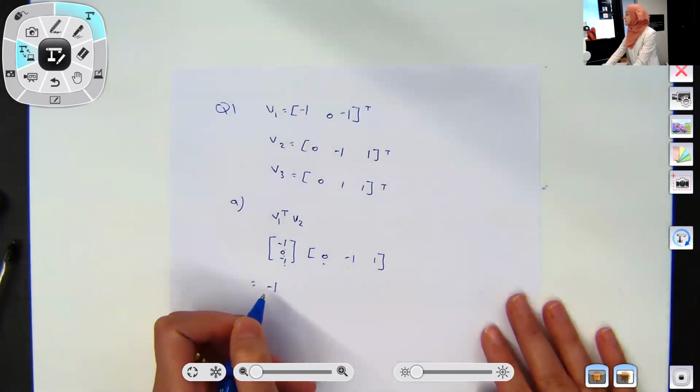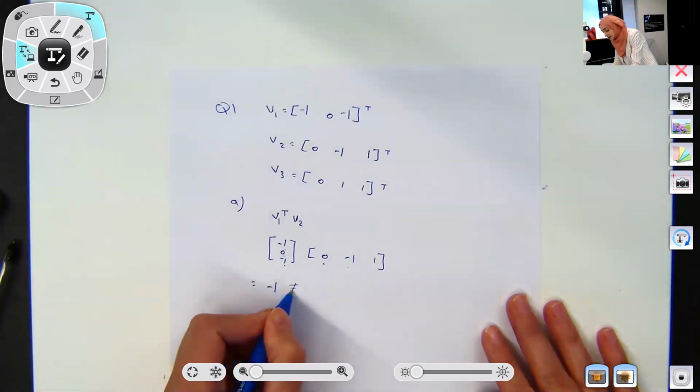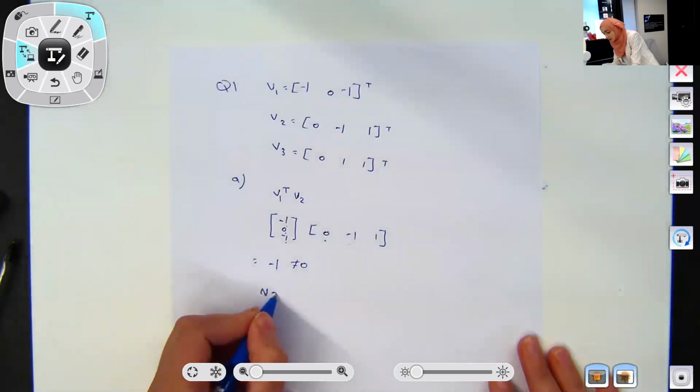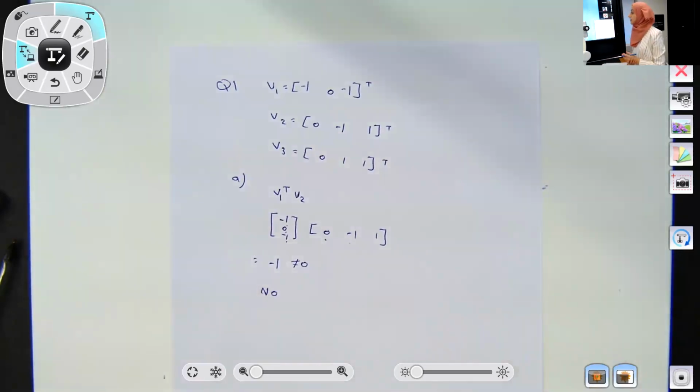Because the answer is not equal to 0, we can say that v1, v2, and v3 do not constitute an orthogonal matrix. So the answer is no. Why? Because the inner product between v1 transpose and v2 is -1, which is not equal to 0. So the answer is no in part 1.